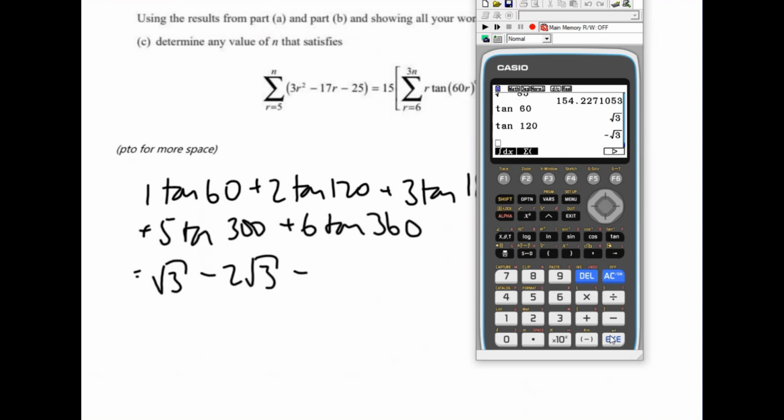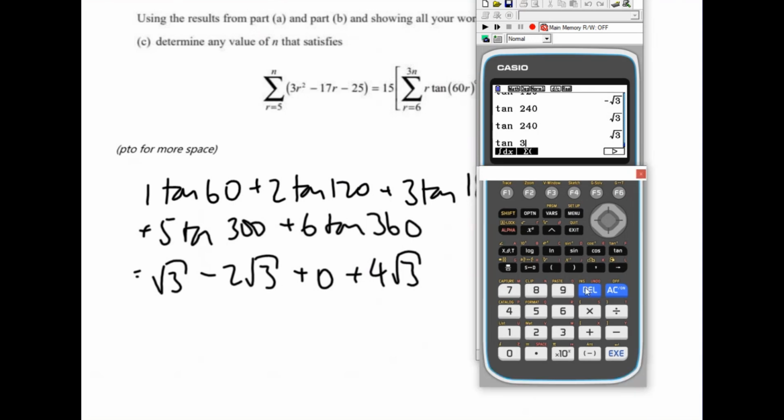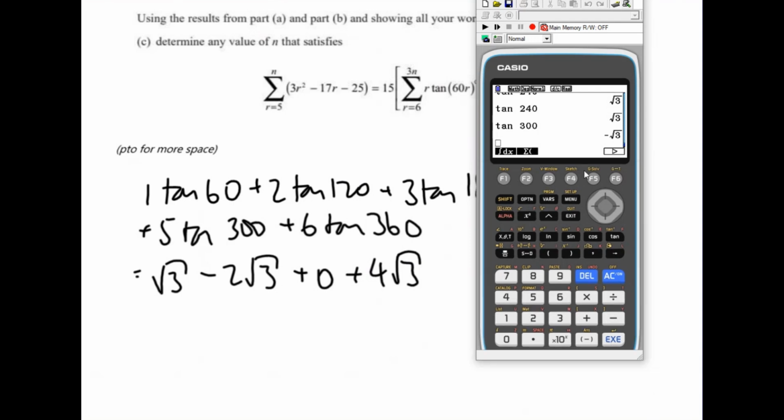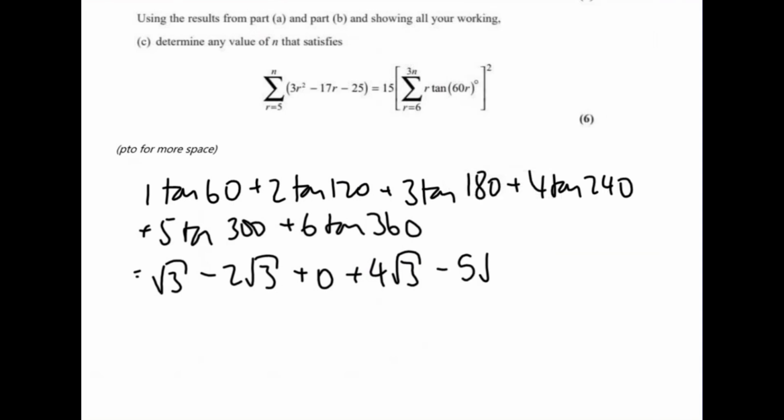Tan 180 we know is 0. Tan 240 gives you root 3, so plus 4 root 3. Tan 300 will give you minus root 3, and tan 360 is 0.